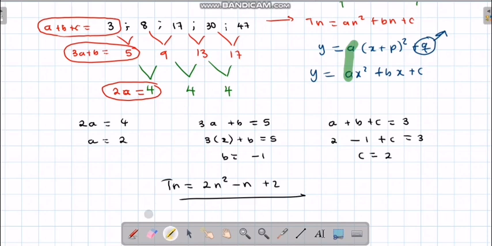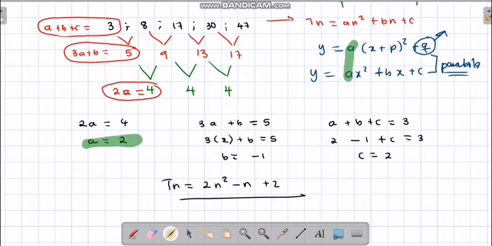Okay, let me write our parabola. Now let's check in this pattern that you're dealing with, what is the value of a? The value of a is positive. So if the value of a is positive, are we expecting to have a maximum or minimum?